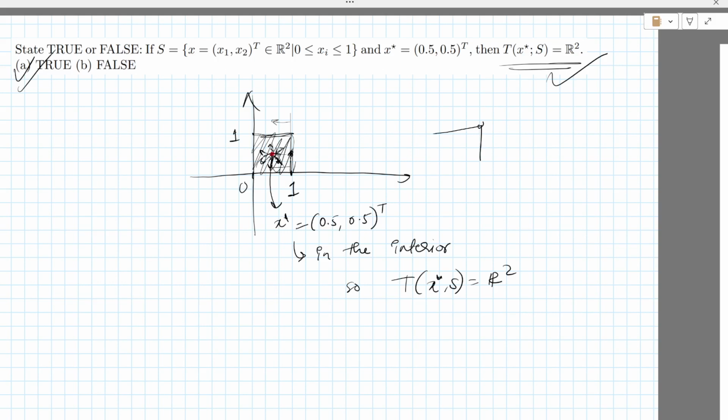If it was on this edge, then the set of directions would have been something like this here. Actually, all these would have been there.